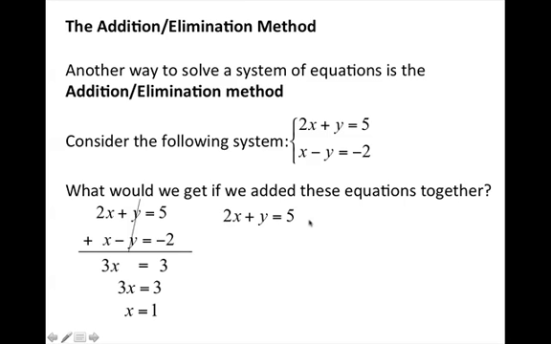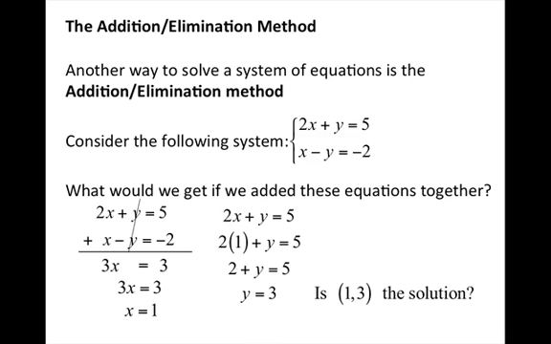So I have 2x plus y equals 5. So replace the x with a 1 and I get 2 times 1 plus y equals 5. This gives me 2 plus y equals 5. Now if I subtract 2 from each side, I get that y equals 3. So this gives me the ordered pair 1, 3.